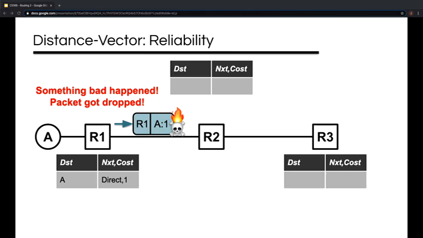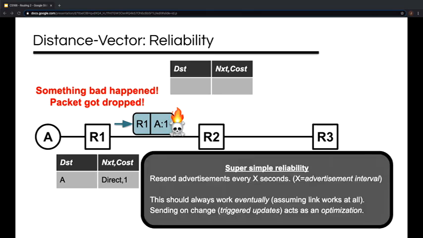If you just drop one packet, a super simple thing you could do is just resend your announcements every so many seconds. And we call that so many seconds the advertisement interval. This should work eventually, right? Assuming the link is working and it's just dropping a packet here and there. If you just keep telling your neighbors, then this will go through.